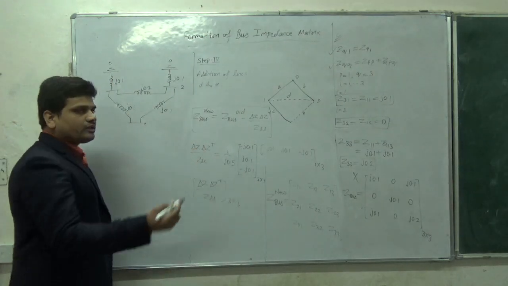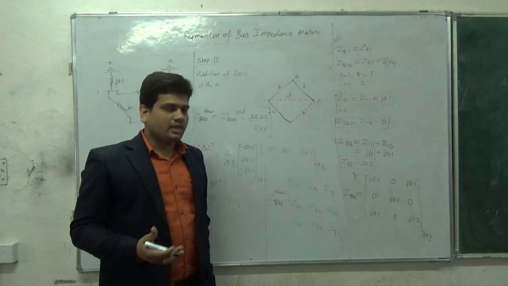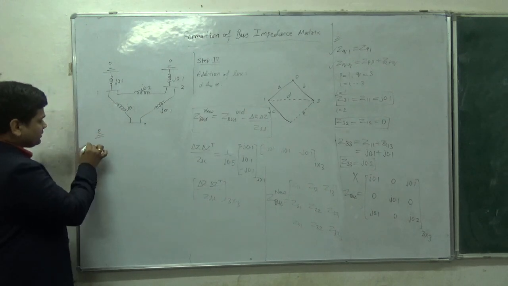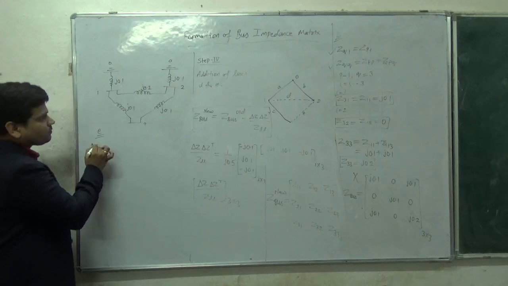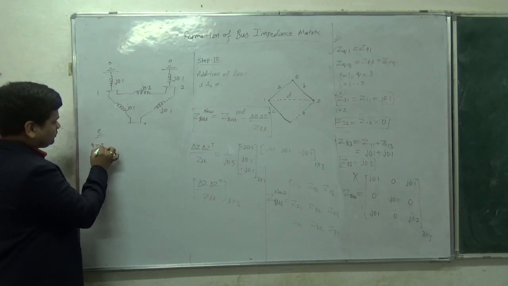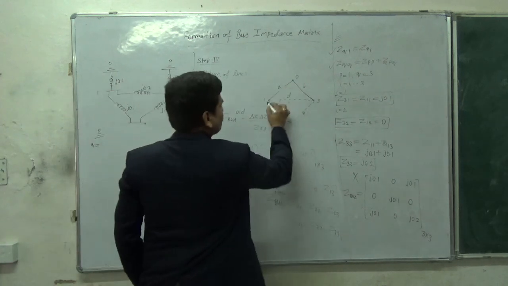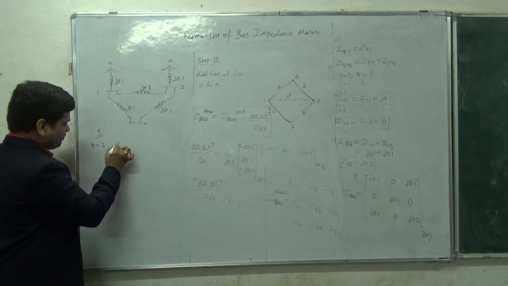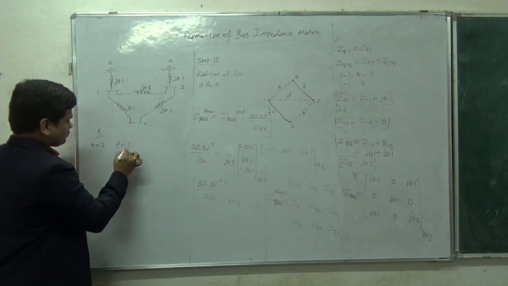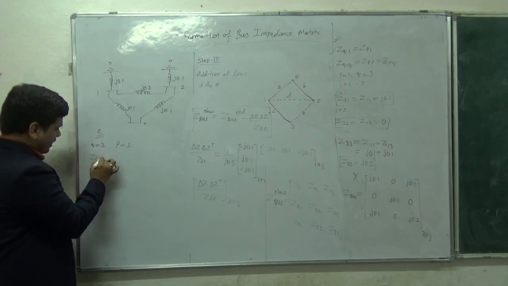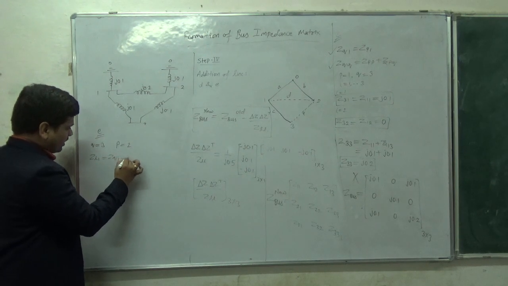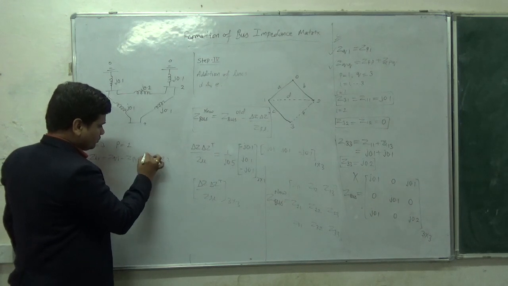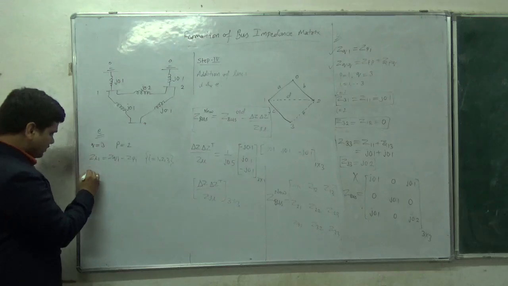Now what will be the solving steps? Now see, for link number E, Q is, yes, this is 0, 1, 2, 3. So Q is 3 and P is 2. ZLI is equal to ZQI minus ZPI, and I is 1, 2, 3. Put the values.